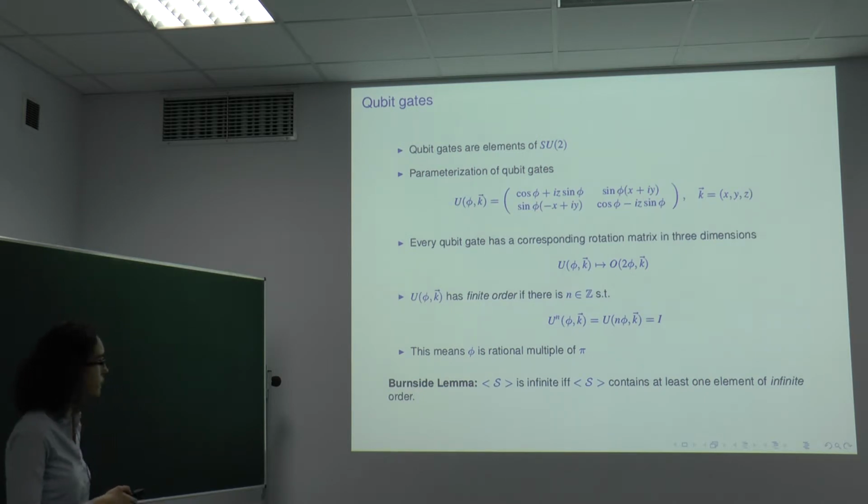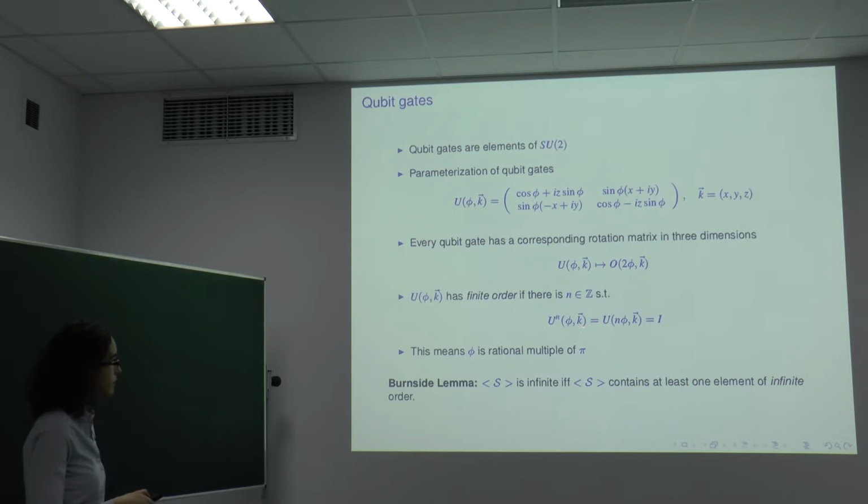In order to formulate a condition imposed on S such that the set generated by S is infinite, let us define the group elements of finite and infinite order. So we say that the unitary gate U has a finite order if there is some integer power n such that U raised to this power is equal to the group identity.